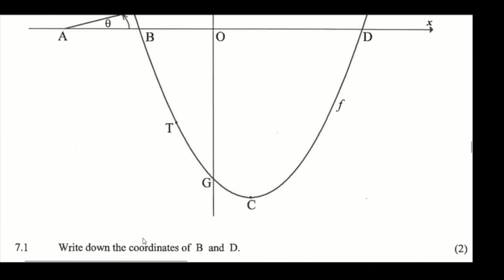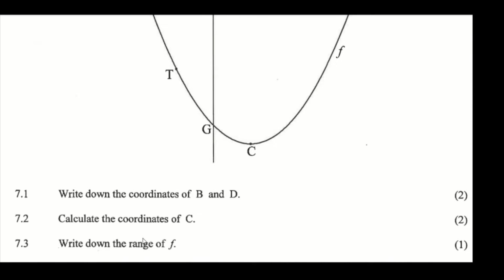Then this is T right here, this is the turning point, and these are the intercepts B and D, the x-intercepts, by the way. So let's look at the questions.